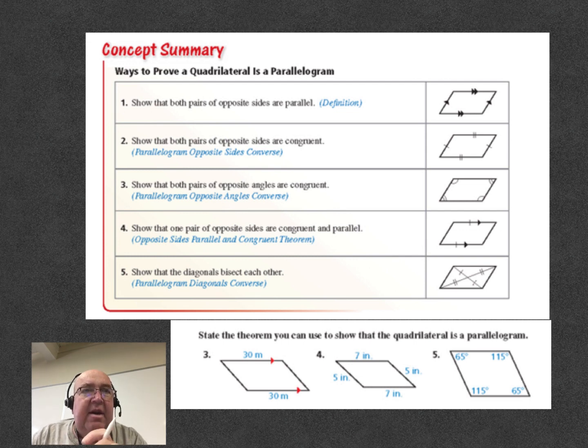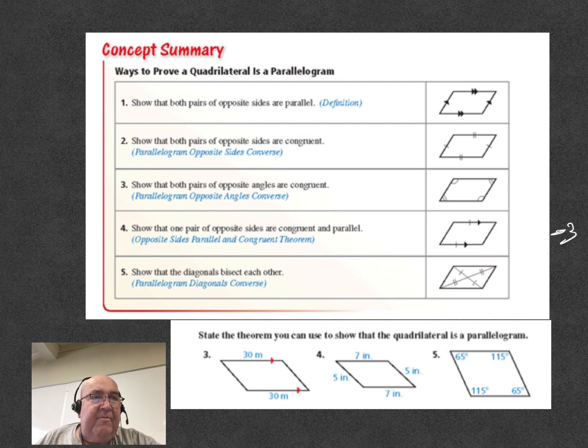Lastly, we just want to look at which theorem proves each of these. Number 3 shows that we have the same length on the opposite sides and that they're parallel, so number 3 is shown right here in the opposite sides parallel and congruent theorem.